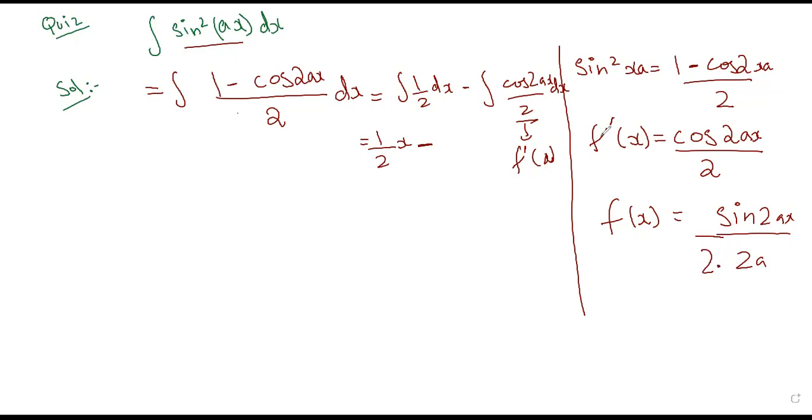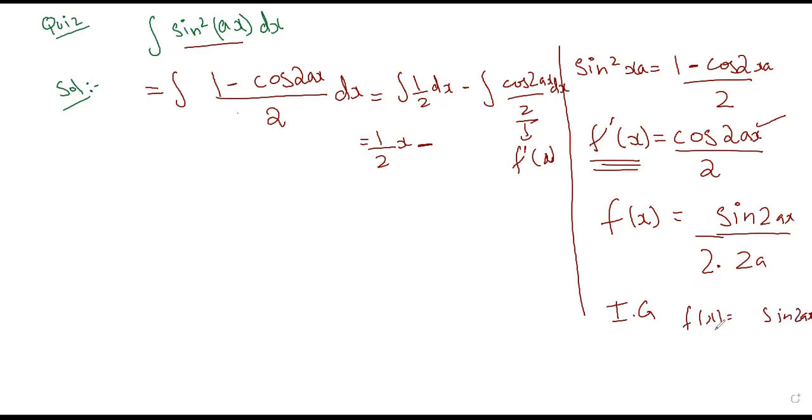Now listen to me. When you have cos 2ax by 2 and you need to solve this integral, you will think of this function as the derivative, and now you need to think of that function whose derivative is cos 2ax by 2. So you will first make an initial guess. And since you have cos 2ax, you will say that maybe my f of x is sine 2ax.